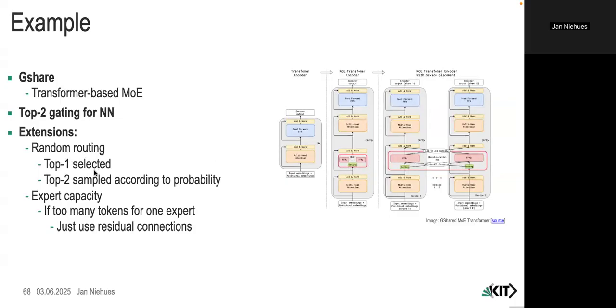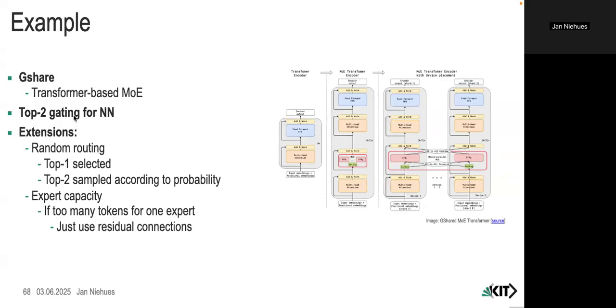The routing is done so that they are only gated. You have two experts for everything, and the first one is the one which it selects as the most important one. The second one is sampled according to the probability to have a bit more smoothness, so that you're not always taking the same two.